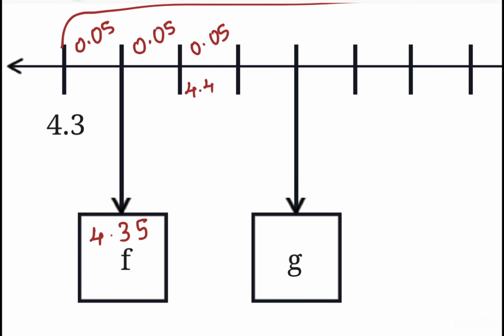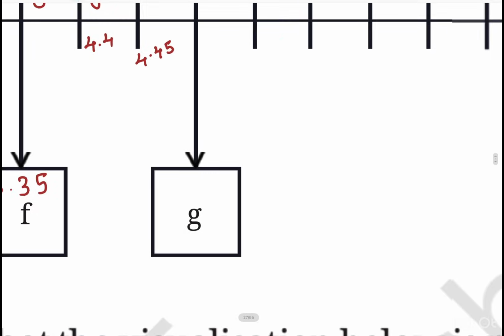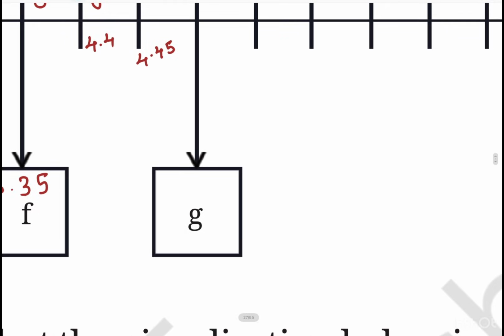The next number will be 4.45. So G will be 4.45 plus 0.05, 4.5. So G is 4.5.